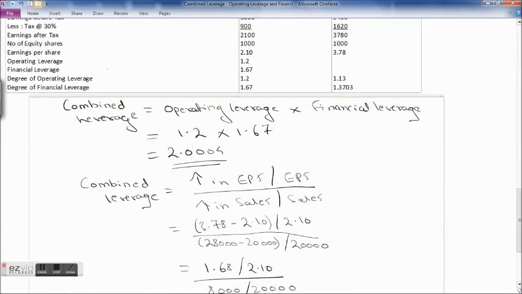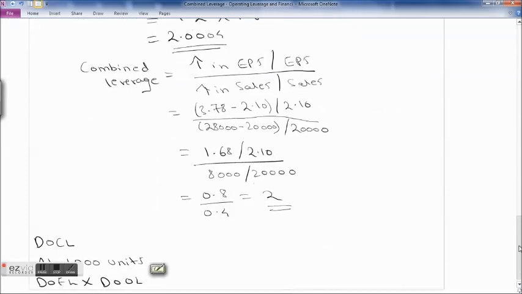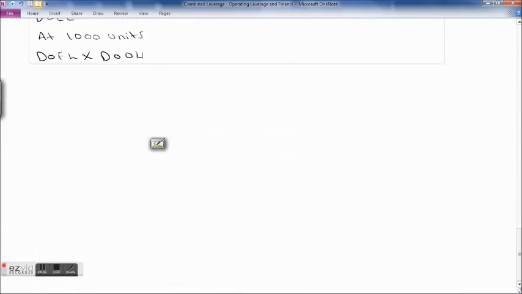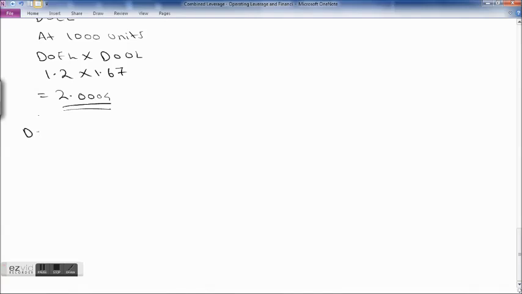So in the first case degree of operating leverage at 1000 units is 1.2, financial leverage is 1.67. So 1.2 into 1.67, that comes to 2.0004.